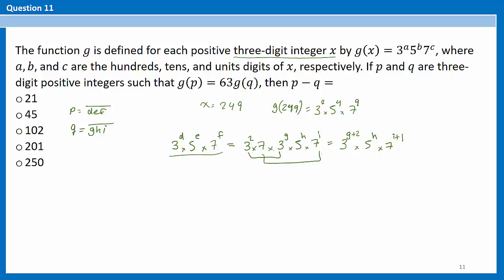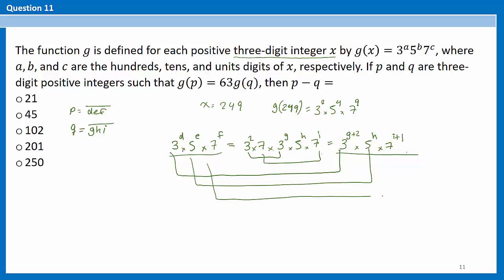Now since they are the same, that must mean that the exponents of the prime numbers must be the same, right? So what it's telling me is that d is g plus 2. And remember that d is the hundreds digit.